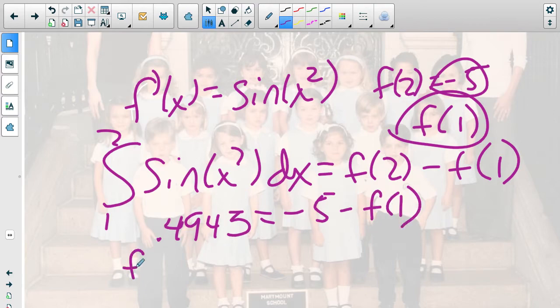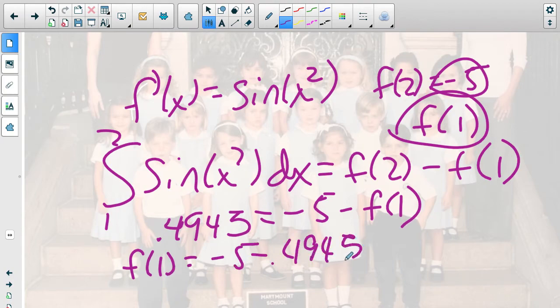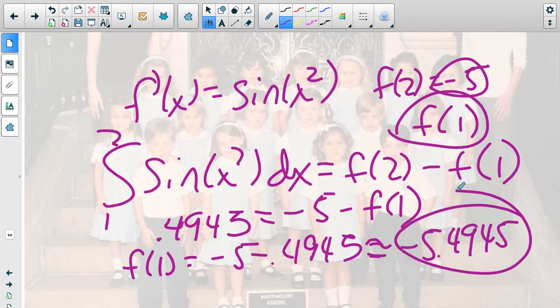So if I add f of 1 to this side, and I say negative 5 minus 0.4945, then f of 1 is approximately equal to, or you could just say equal to, negative 5.4945. Super cool. You just found a value using the first fundamental theorem of calculus. It's so useful. It becomes an algebra problem.